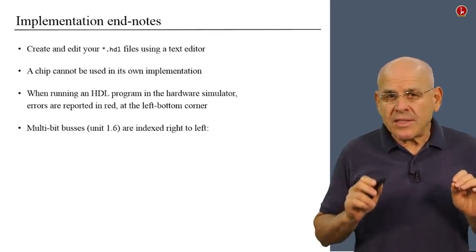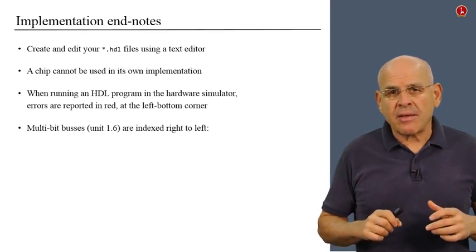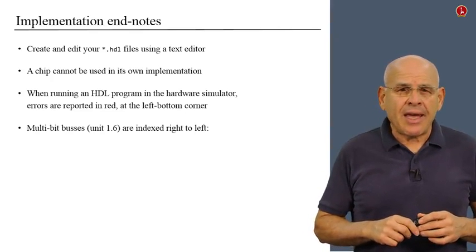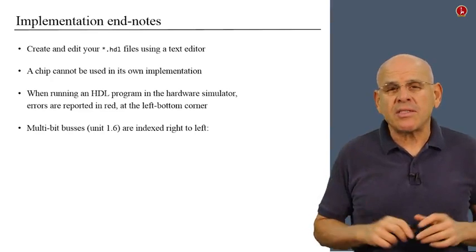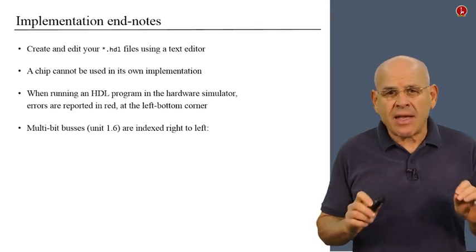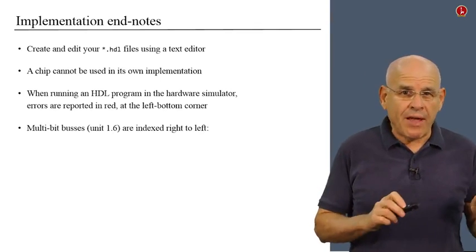Now, in Unit 1.6, Noam explained the whole notion of multi-bit buses. And one thing that we would like to add to this discussion is that these buses are indexed from right to left.